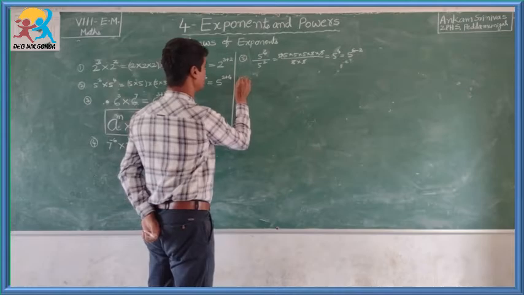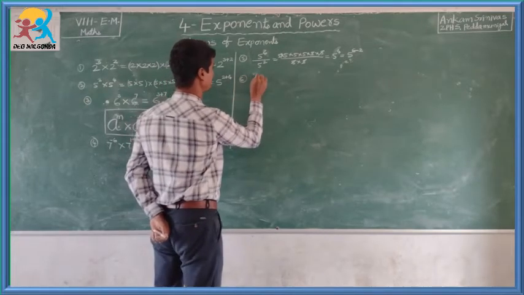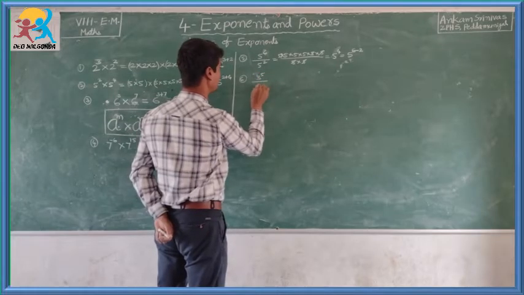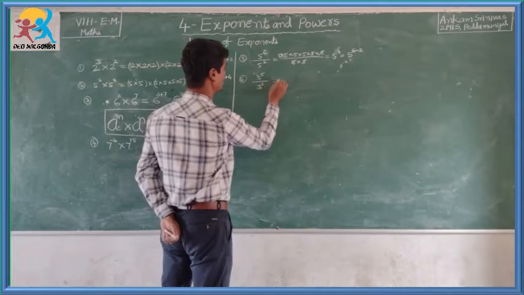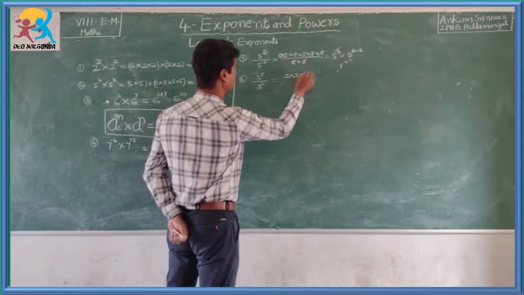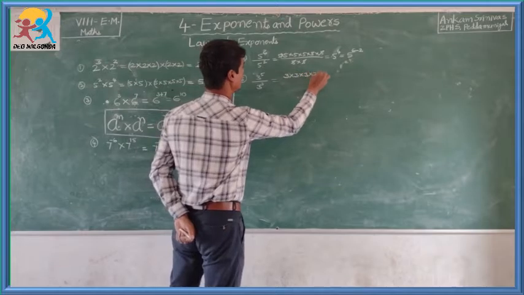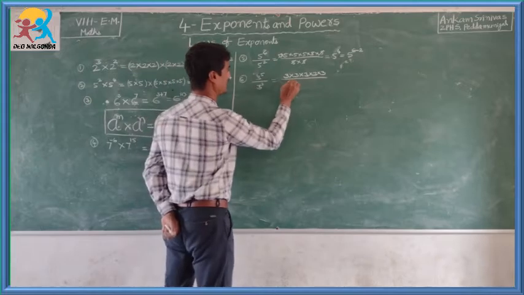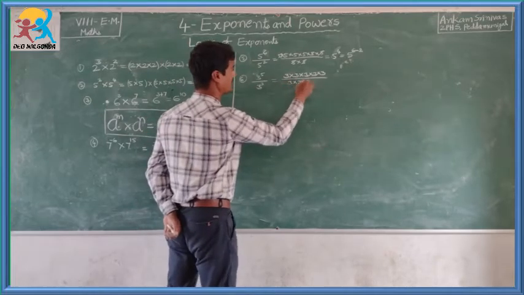And next problem, 3 power 5 by 3 power 3. So this one we can write as 3 into 3 into 3 into 3 into 3, 5 times, by 3 times, 3 into 3 into 3.